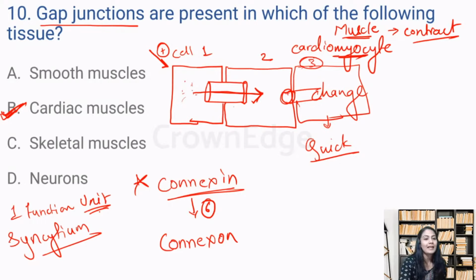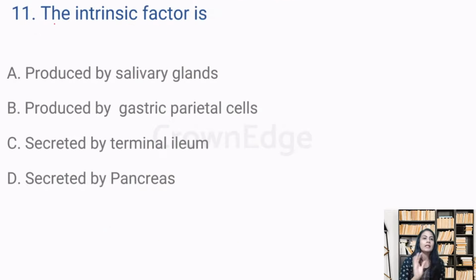That is the benefit. And remember, it is not there in skeletal muscle, not in neurons, not even in smooth muscle. It is only and only the gap junctions, a junction having a gap, that is connection, present only in the cardiac cells, not in any other cells.